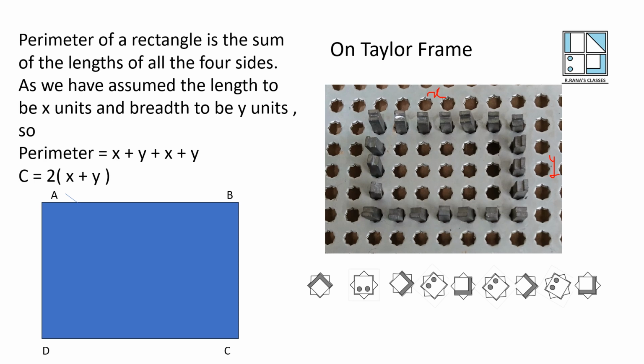Perimeter is represented by C is equal to x plus y plus x plus y, which is equal to twice brackets open x plus y brackets close. So 2 times the sum of length and breadth. So this way you can easily represent perimeter.